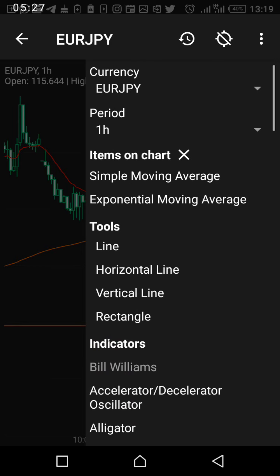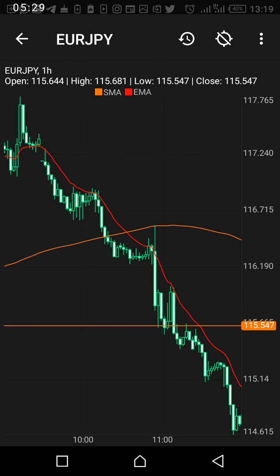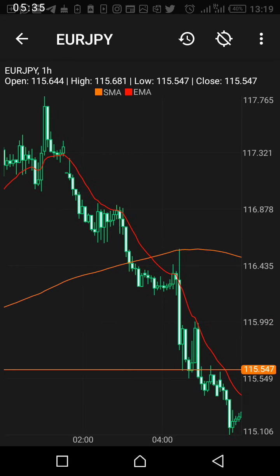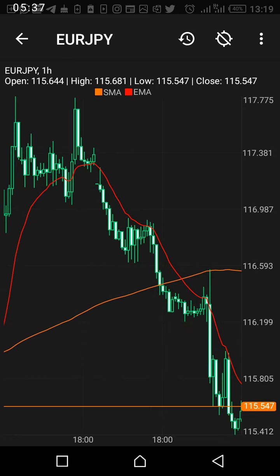Presently on this my chart, I have a simple moving average and I have an exponential moving average, and it's indicated with the colors. The colors are there.